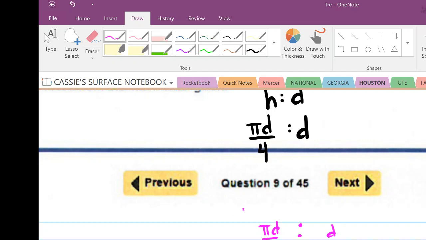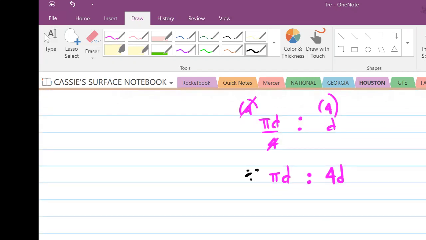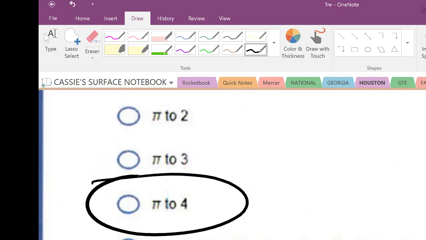If you multiply both sides by that 4, that's the same thing as pi d compared to 4d. Furthermore, you can divide both sides by d, and remember you can only do that because you know it's not going to be 0. That would give you pi to 4, because they would cancel there and there. So the answer to this one is pi to 4, that's C.